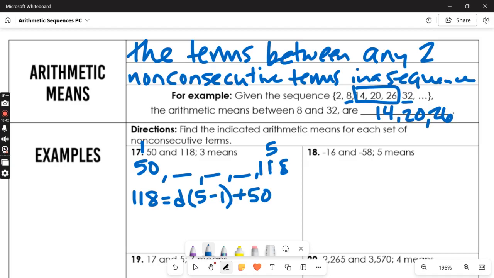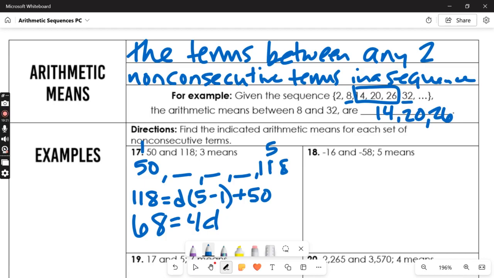Subtract that 50 from both sides. So 118 minus 50, we're going to have 68 is equal to 4d.